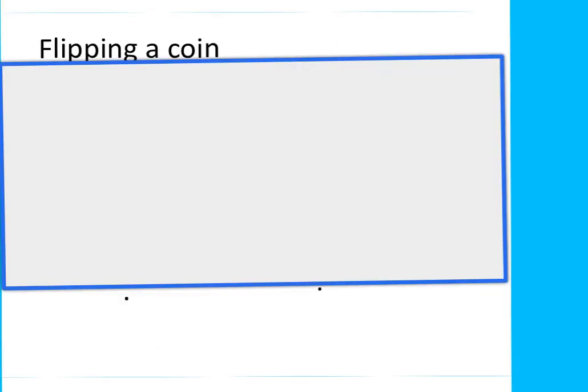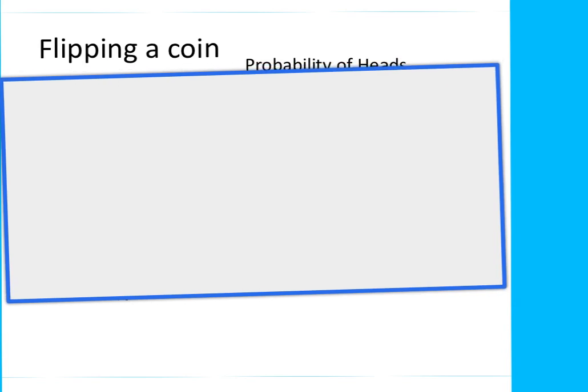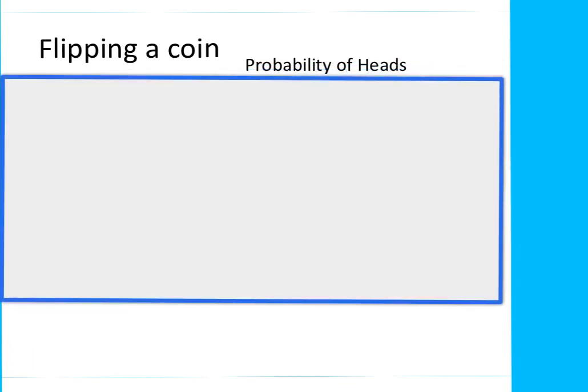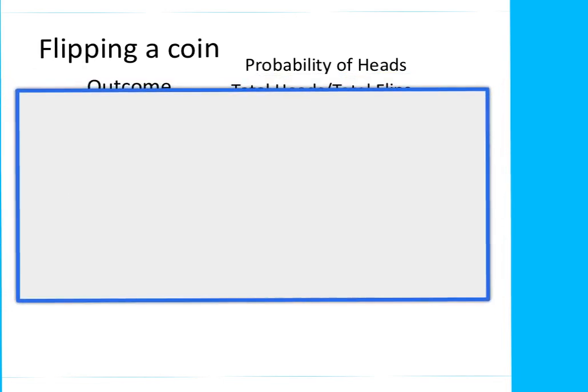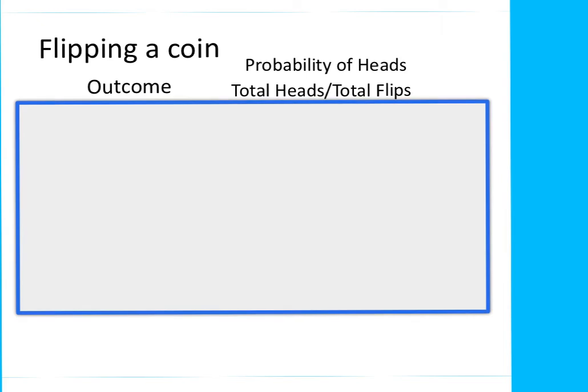Okay, let's look at what might actually happen if we do go about flipping a coin. We're going to look at the probability of flipping heads. That's what we want to discover, and we go about finding that by flipping a coin.